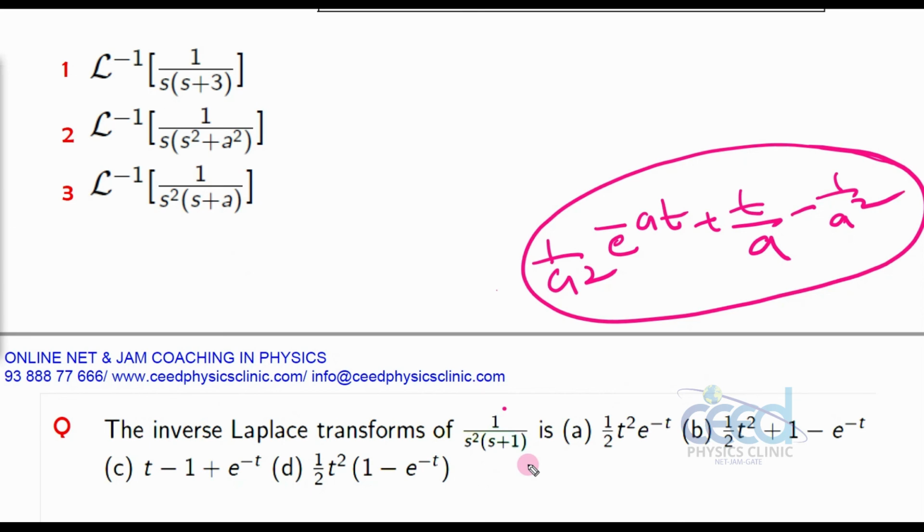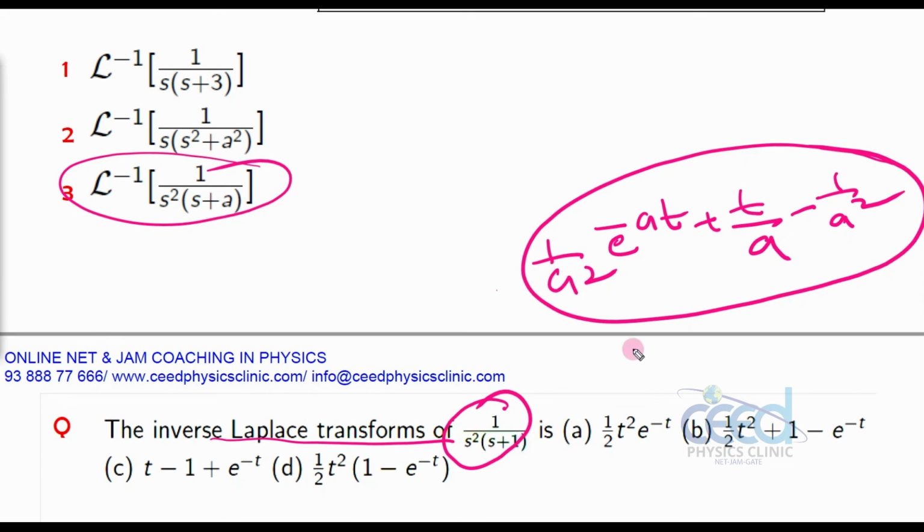The last question which we have done is Laplace inverse of 1 by s square plus s plus a. Here you have a question, inverse Laplace transform of 1 by s square, here a changes to 1. So you have to follow the same method. When you substitute a is equal to 1, let me check whether we get the same result. Here if you substitute a is equal to 1, we get e raised to minus t plus t minus 1.